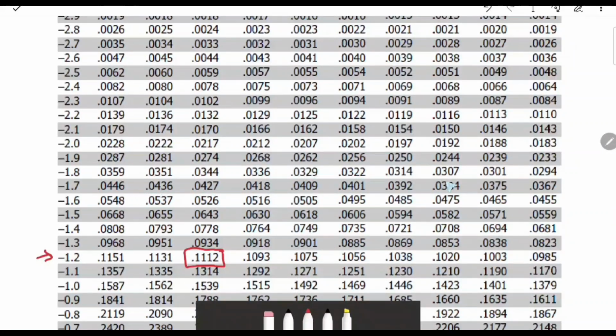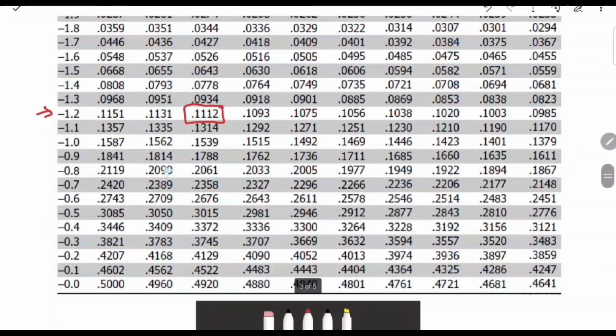So we have 0.3, 0.4. We are getting closer. We have 0.3897, 0.4013, correct?